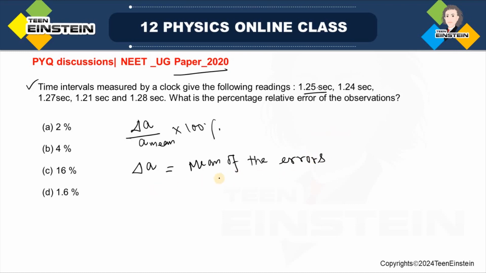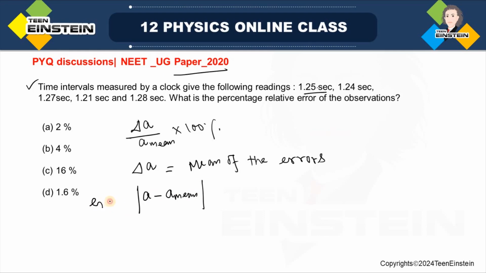So how to find out that error first of all? Suppose this A is the quantity I am saying. I would have written T for time, but I am just taking a general quantity. A is the quantity. So I have measured values, I have the mean value. You have to find out the differences between this measured value and mean value and take the mod of that.